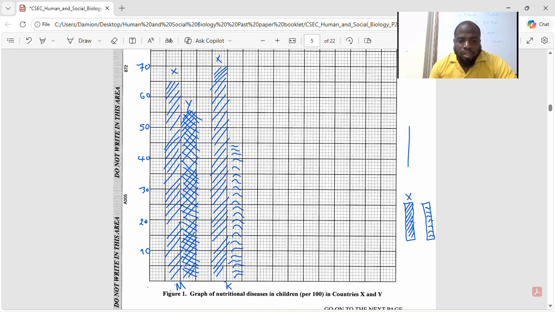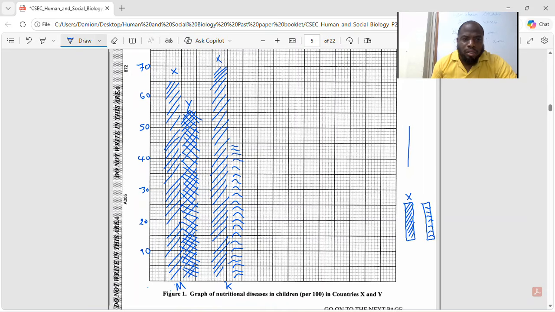For night blindness, we have 35 for country X, and then 25 for country Y. And then finally, we would have had rickets.